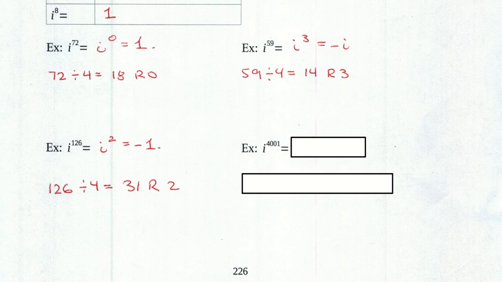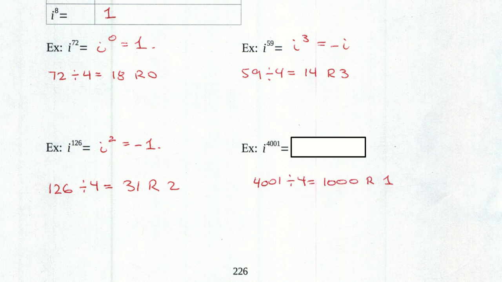Okay, let's see the arithmetic. So we're going to take the exponent. We're going to divide it by 4. Yep, it went around 1,000 times. And we don't care about how many times it went around. We care about where it stops. Well, 1 more past that. So for i to the 1st power, we just take the remainder and raise i to that power. And i behaves like every other number in this regard. i to the 1st power is itself.